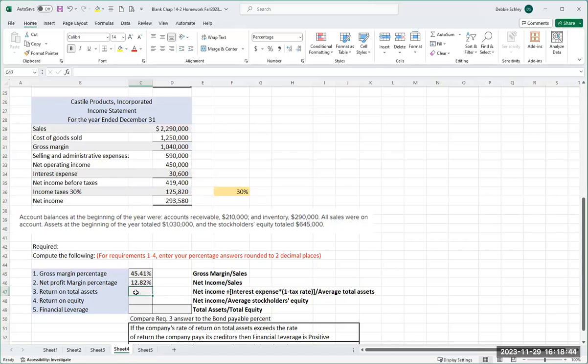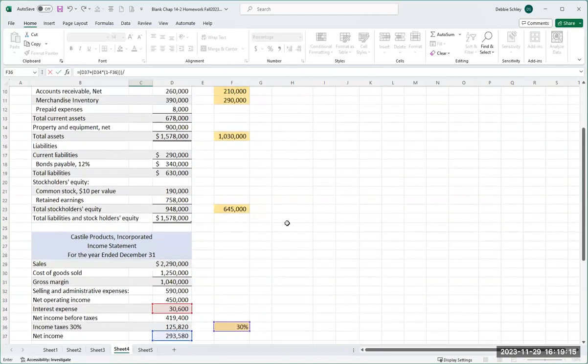Now, return on total assets equals, parentheses, net income plus, parentheses, interest expense times, parentheses, 1 minus the tax rate, close parentheses, close parentheses, divided by average total assets.